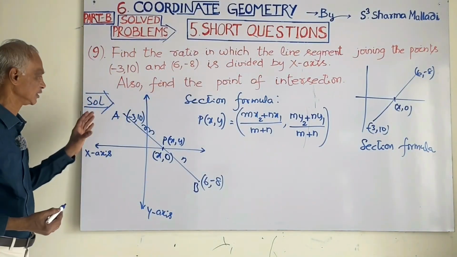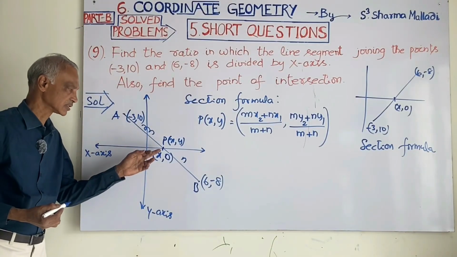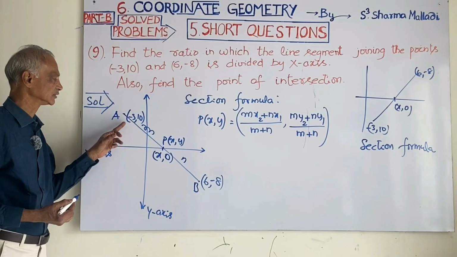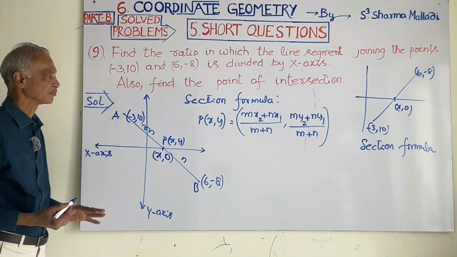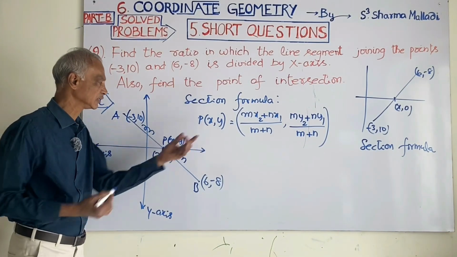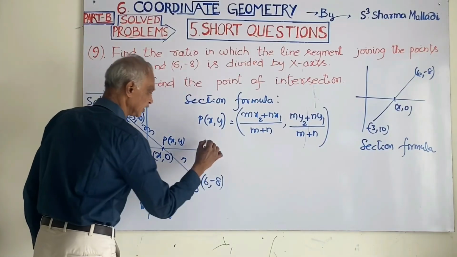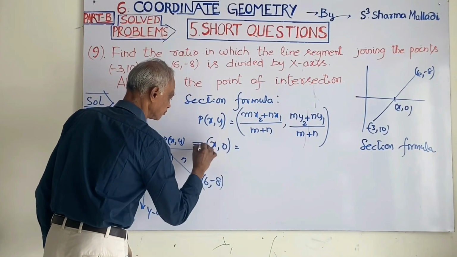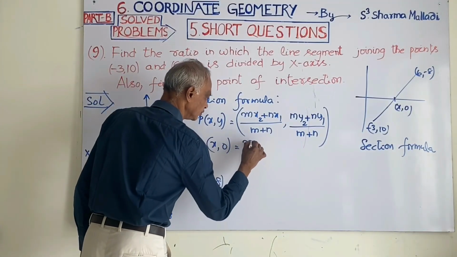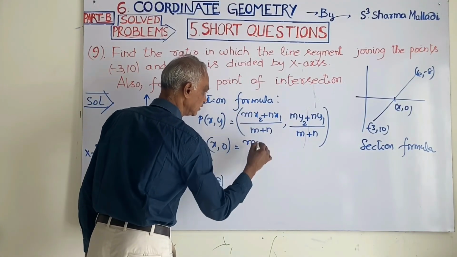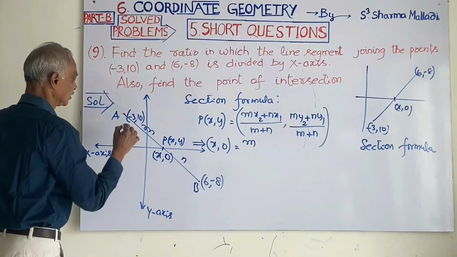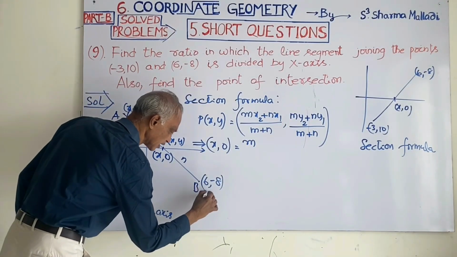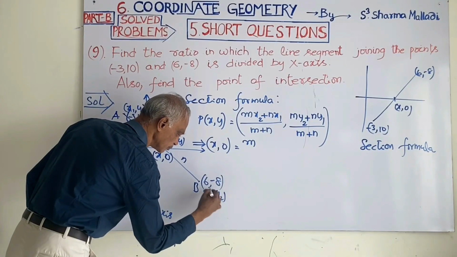We have to find the ratio in which this x-axis divides the line segment (-3, 10) and (6, -8). What is the point we have here? P(x, y) will be (x, 0), implies we don't know the ratio m and n. You take this as (x1, y1) and this as (x2, y2).